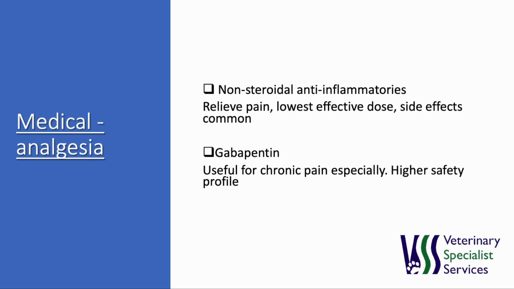The possible side effects of gabapentin include mild sedation, occasional diarrhea, and uncommonly ataxia, which is a wobbliness. Sedation can be minimized by tapering from a smaller starting dose and then increasing to the desired dose. Conversely, when stopping the drug, it's best to taper from the current dose to a smaller dose over a period of a couple of weeks to avoid any reflex pain from coming off the gabapentin.